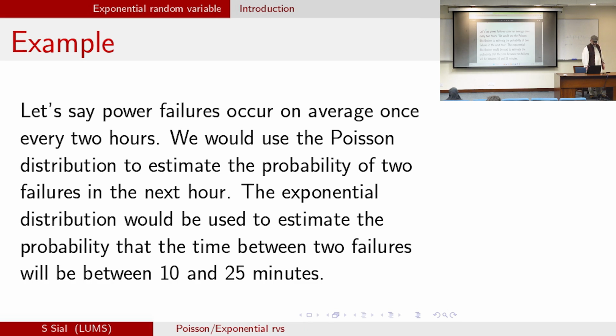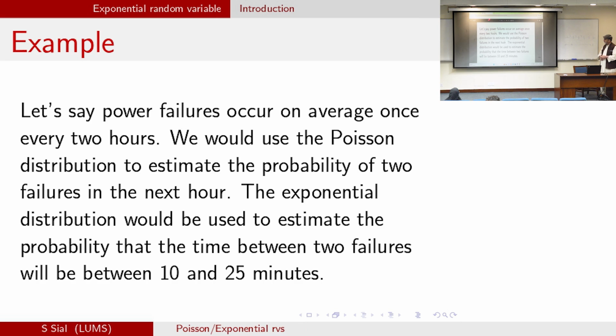As an example, you have power failures occurring once every 2 hours, let's say. We would say that's the average, 1 per 2 hours. Then we would say something like, over the next 2 hours, what's the probability of 0 power failures, or whatever, right?